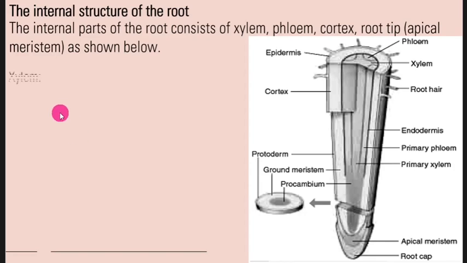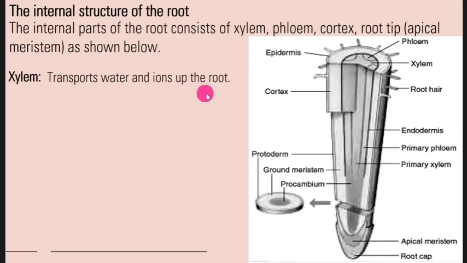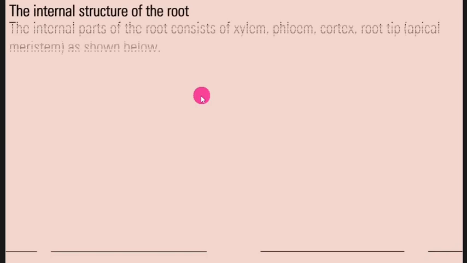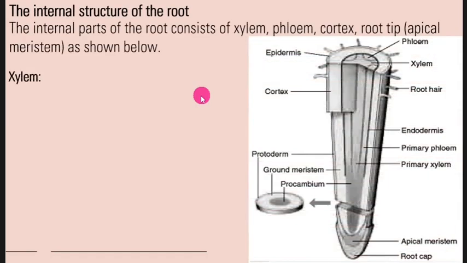Then we are going to talk about the xylem. What is the function of the xylem? To transport water and ions up the root. That's the function of the xylem.